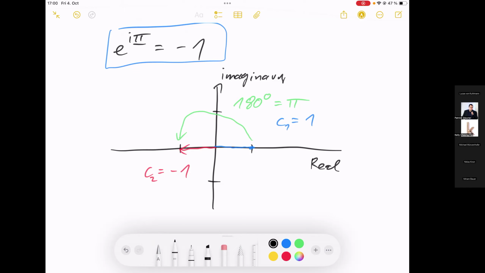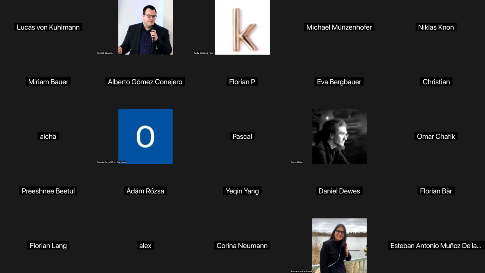So e to the i times pi is -1. And this has all to do with Euler's formula, which is a different representation of complex numbers.